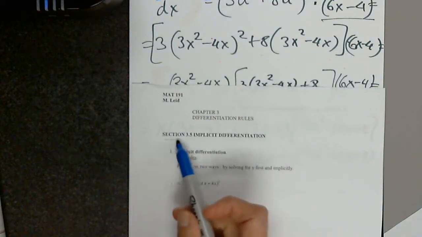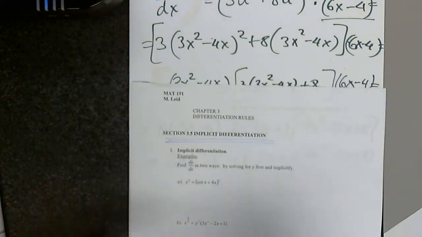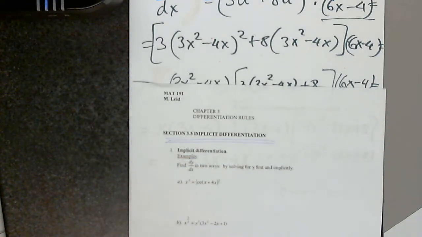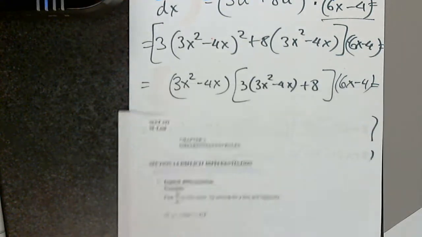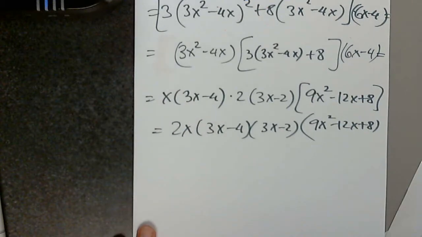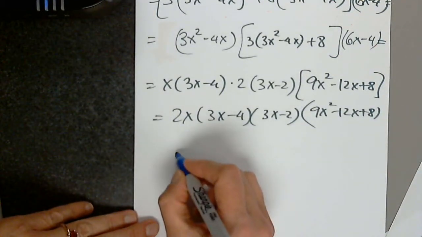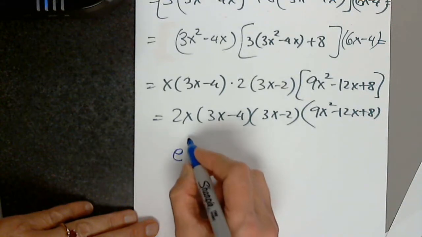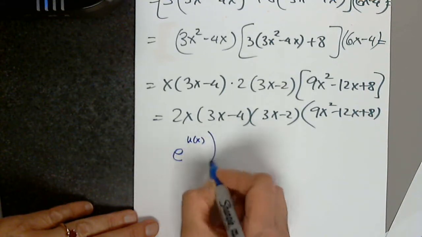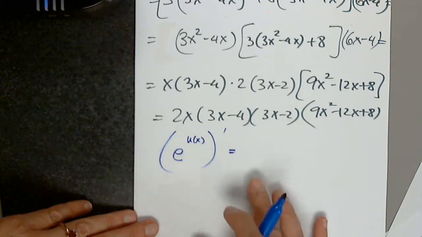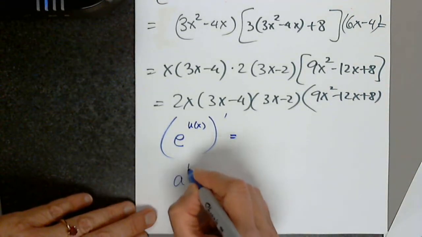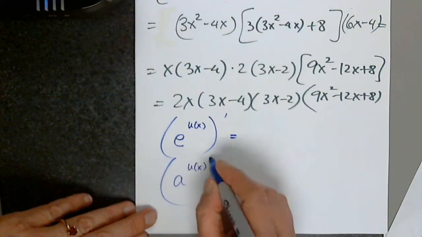I would like to talk about implicit differentiation and what it means. Maybe before we do that, I just want to ask you, what about differentiating e raised to a function of x? And also a raised to a function of x, prime.